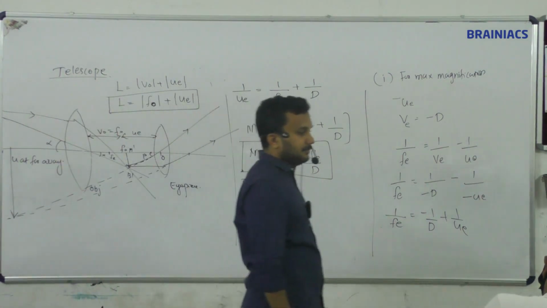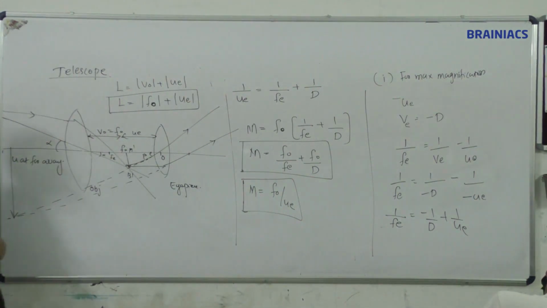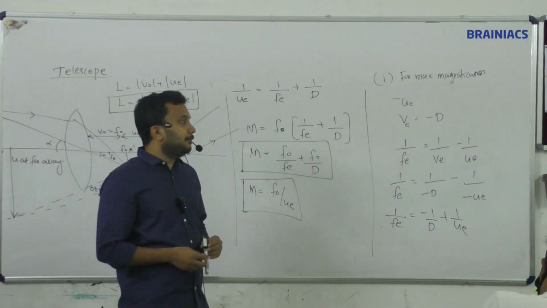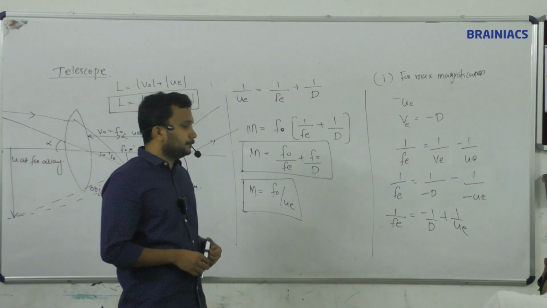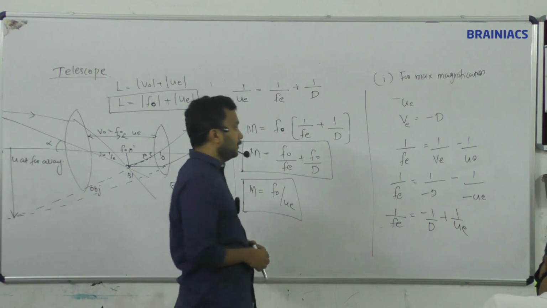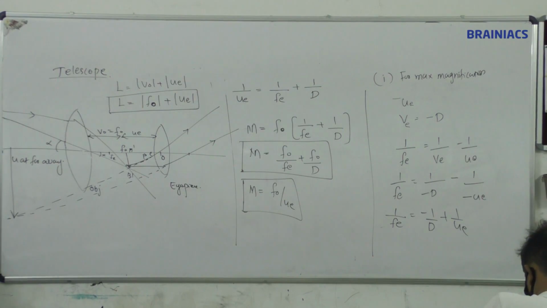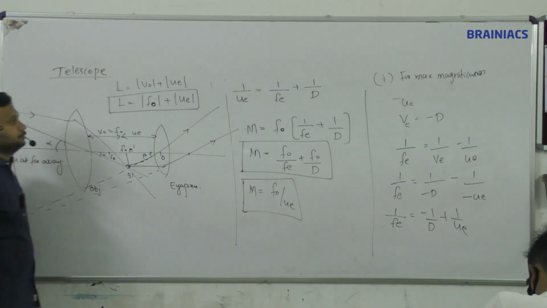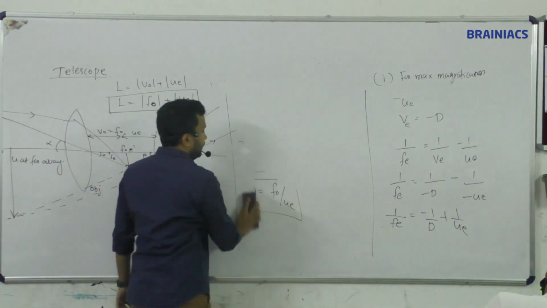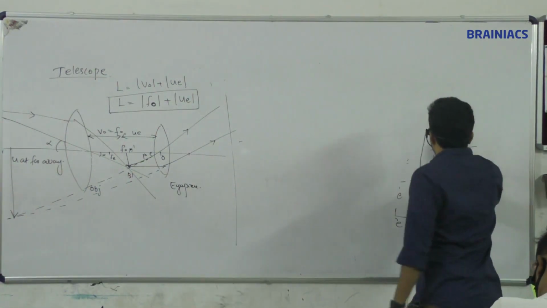For minimum magnification, the object is at UE. Object is at UE. Image is at where? Infinity.